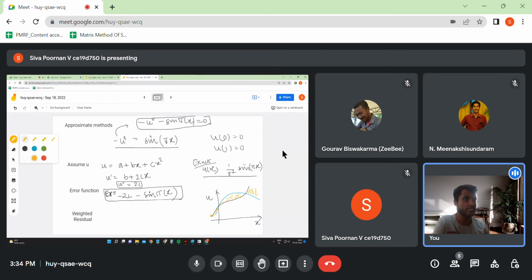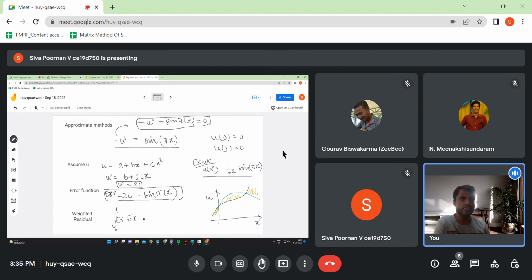So in order to make the error 0, we cannot directly say that the error has to be minimized, but we have to take something like least squares, right? So we have to take something as a weight function. What is the weight function? Let's just say error function into error function. Now the total area, summation from 0 to L, in this case it's just 0 to 1. 0 and 1 are given as the boundaries, so L is nothing but 1.